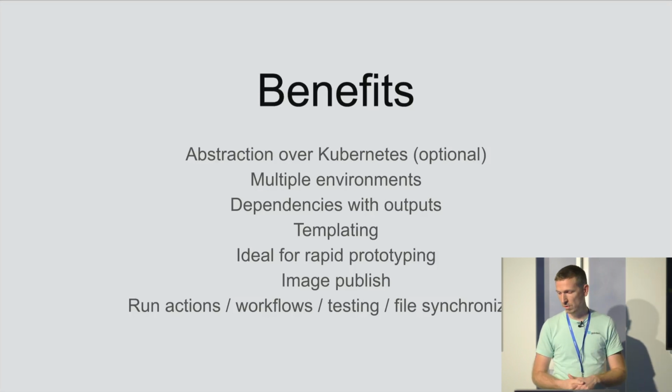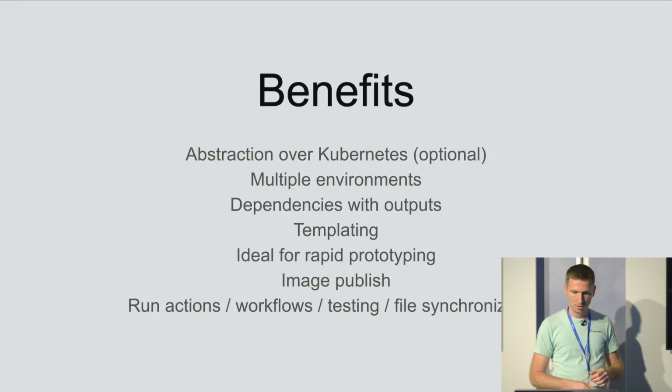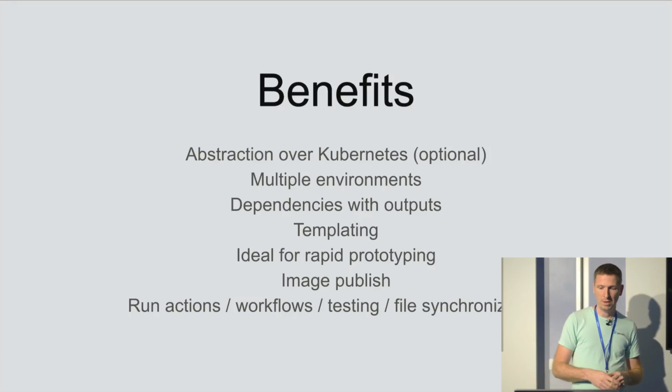I will show how that works in a minute. And it's not just that, the order is not quite good, but it also gives you templating. So sorry for jumping to the middle, but it also gives you templating over plain Kubernetes YAMLs.